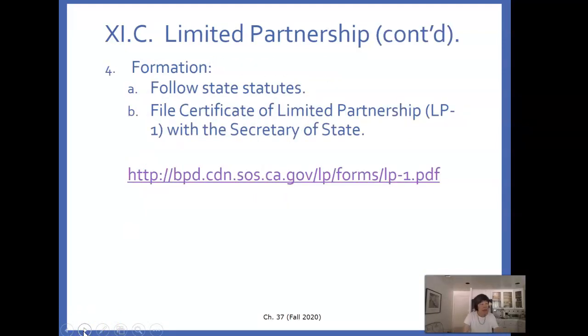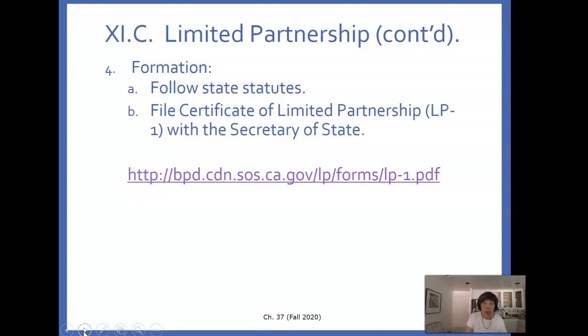Now, how is a limited partnership formed? Well, we're going to follow state statutes. This is a creation of state statutes, so it's a statutory entity. Once there's been an agreement signed, which, as an attorney, I would suggest you have, a limited partnership agreement, you will file a certificate of limited partnership with the Secretary of State's office.